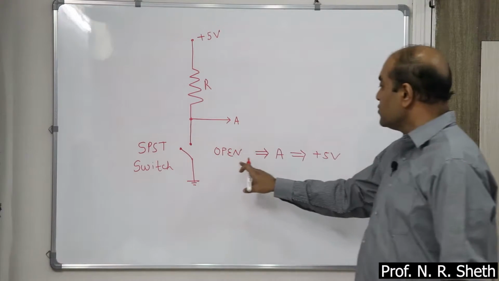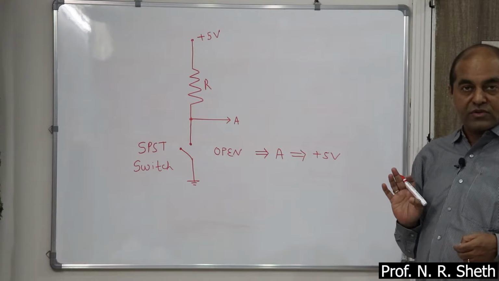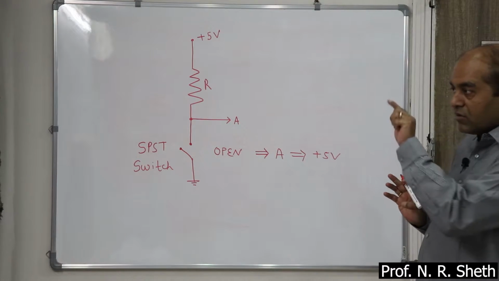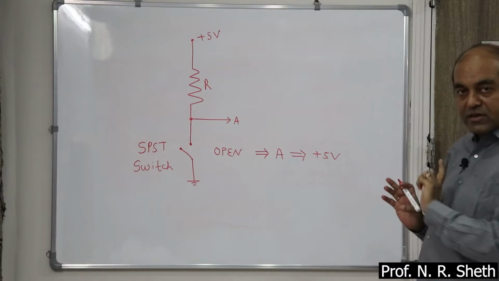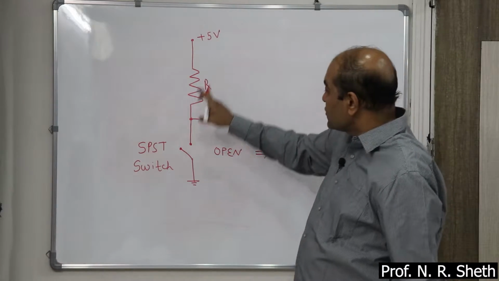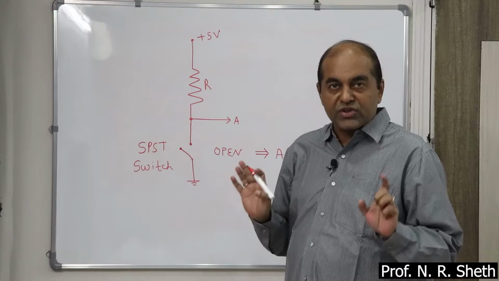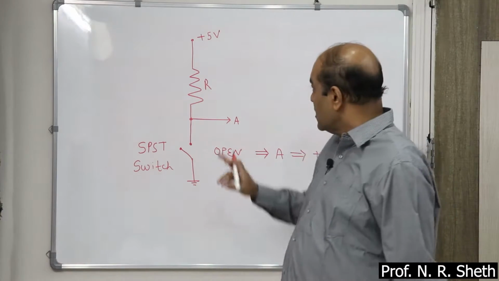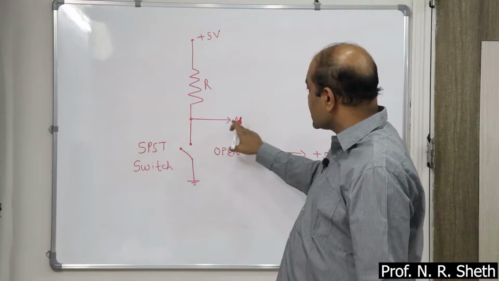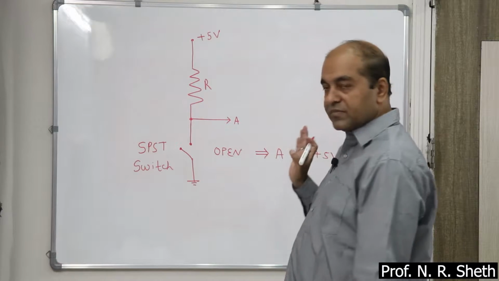Now this part is clear. When the switch is open, there is no junction between these two points, no connection, and plus 5 volt exists at point A.